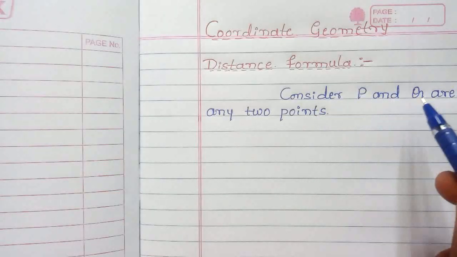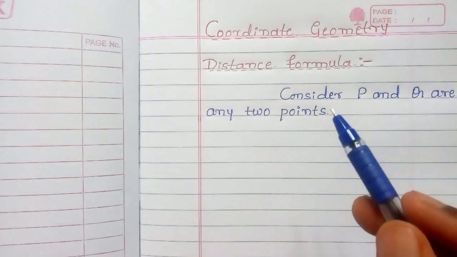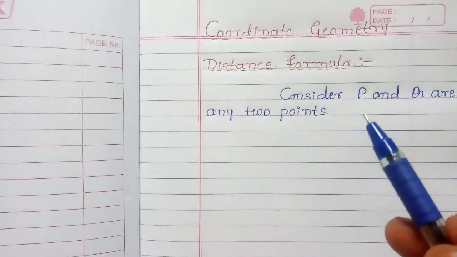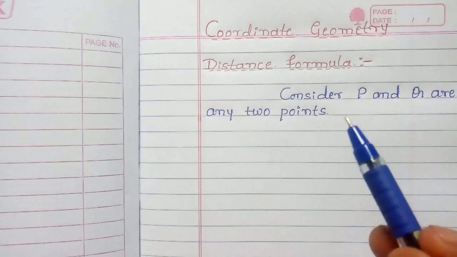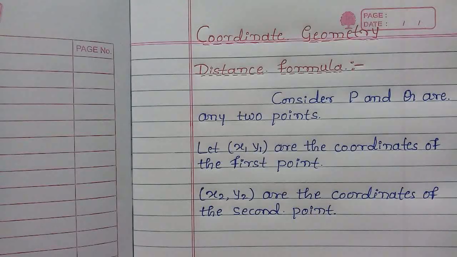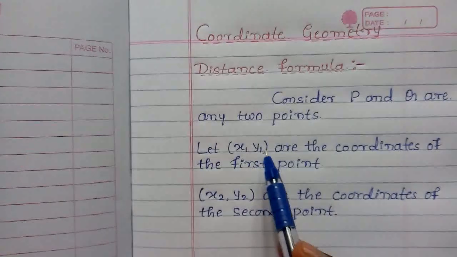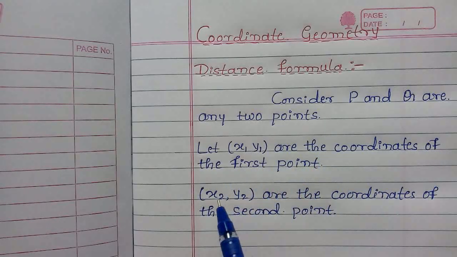Let x1, y1 be the coordinates of the first point and x2, y2 be the coordinates of the second point.